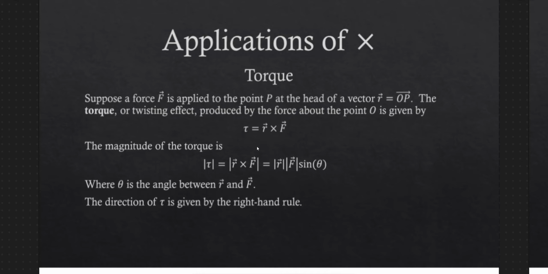The twisting effect will be r cross F. And the magnitude of the torque is the magnitude of the cross product, which is magnitude r times magnitude F times the sine of the angle between them. The direction of the torque is given by the right-hand rule. Remember, point the fingers of your right hand in the direction of r, curl them in the direction of F, and whichever way your thumb is pointing, that's the direction of the torque.